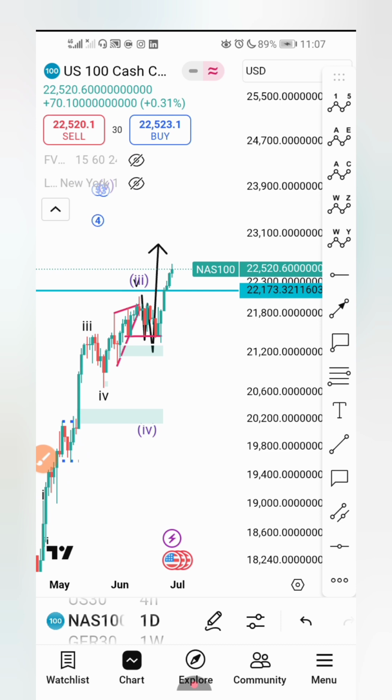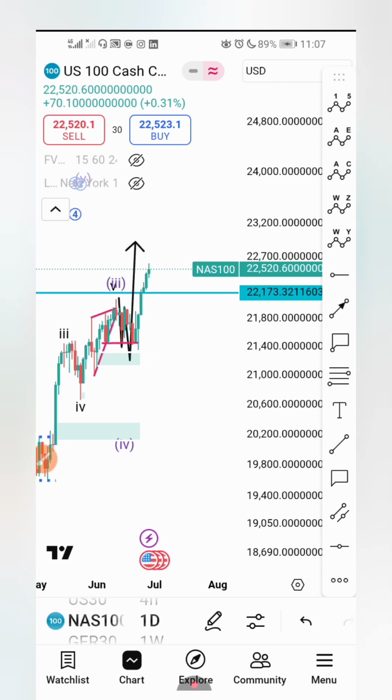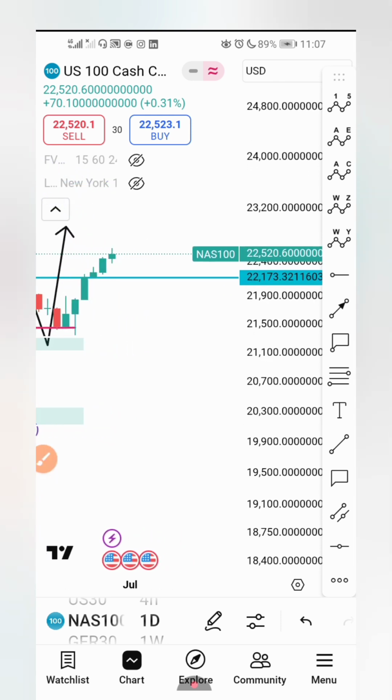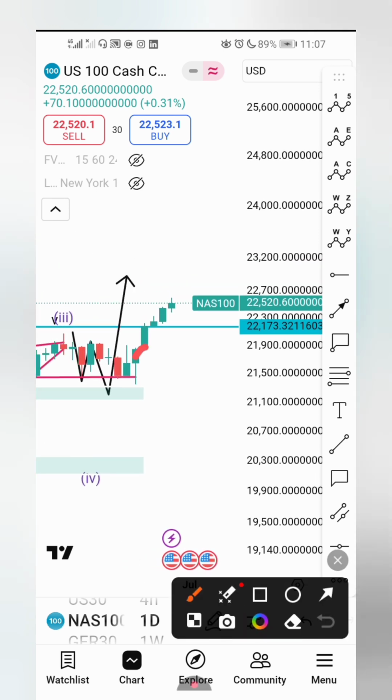If you're a good trader, once you see this daily candle, you would have known that the market is going to buy, because the daily candle swept the liquidity there and formed a very clear pin bar. So you're supposed to enter here. By now you'll be in a very big profit, especially if you're a day trader.